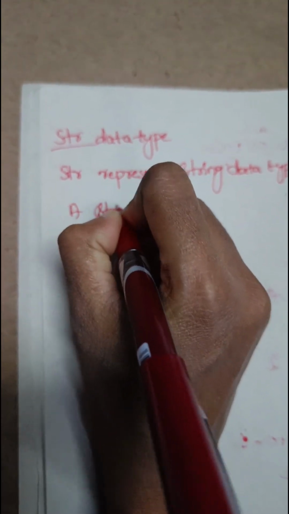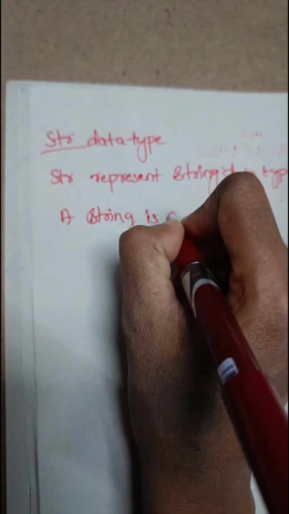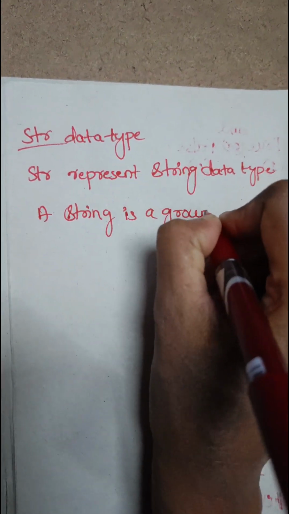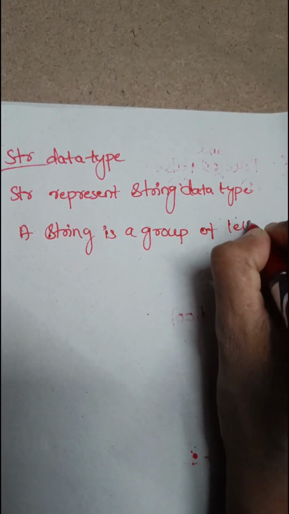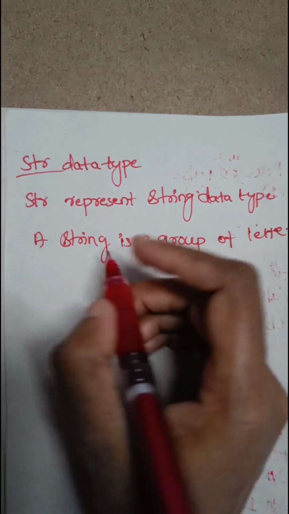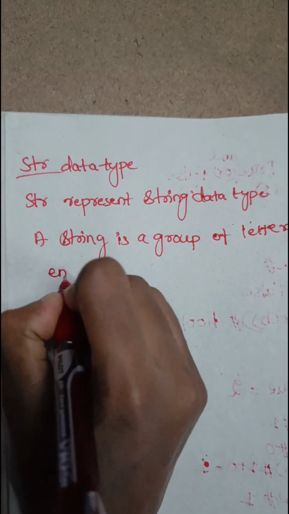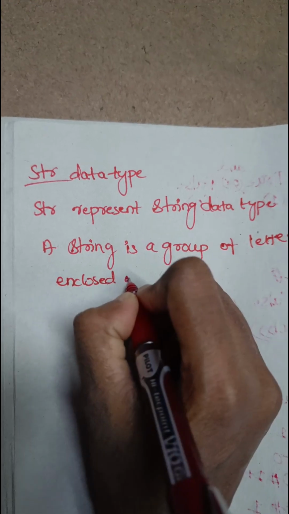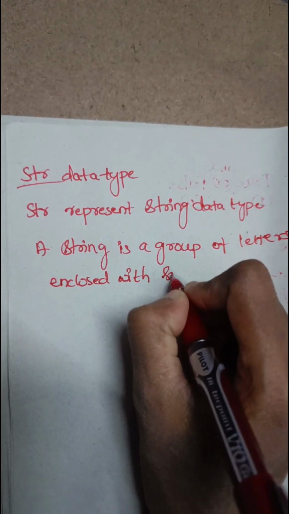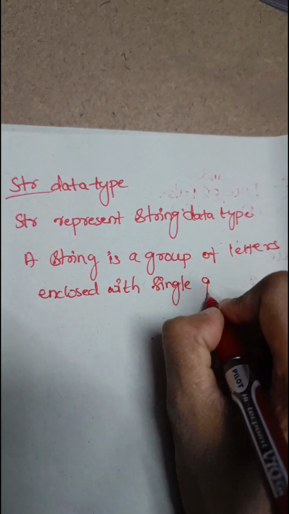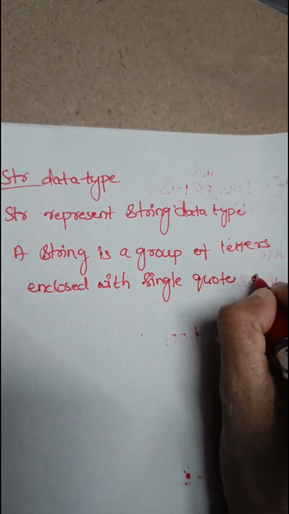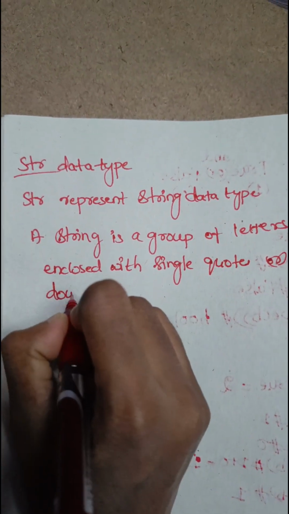A string is a group of letters enclosed with single quotes or double quotes.